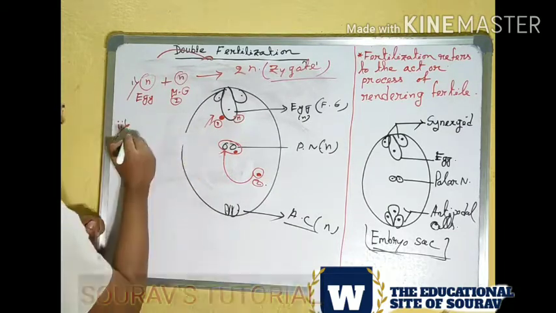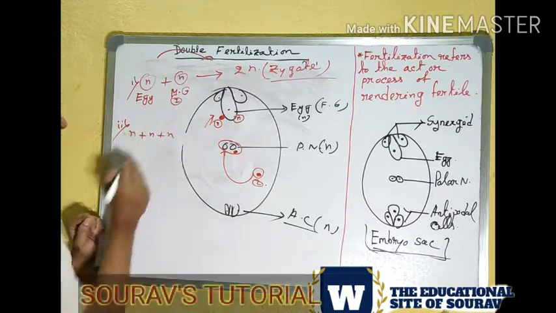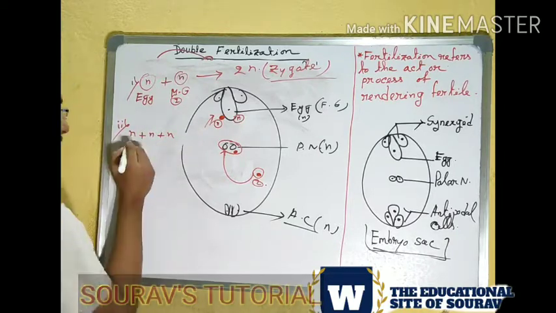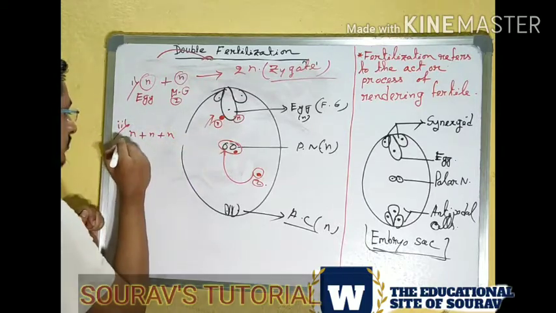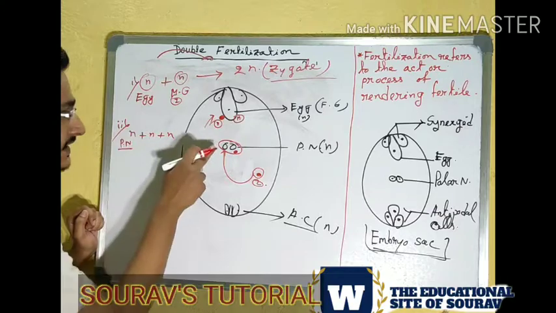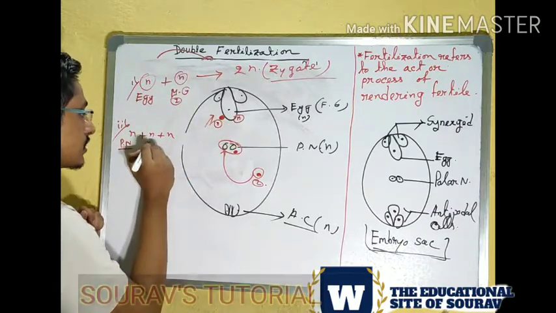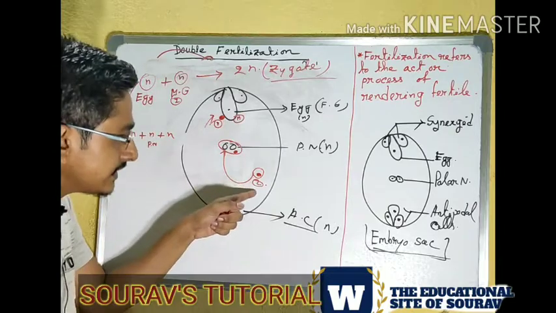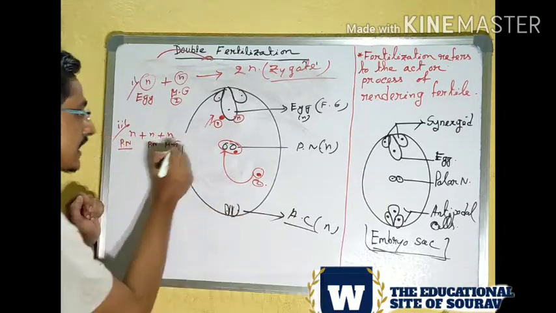Second condition is 1N plus another N plus another N. 1N is one polar nucleus, second N is another polar nucleus, and third N is the male gamete.